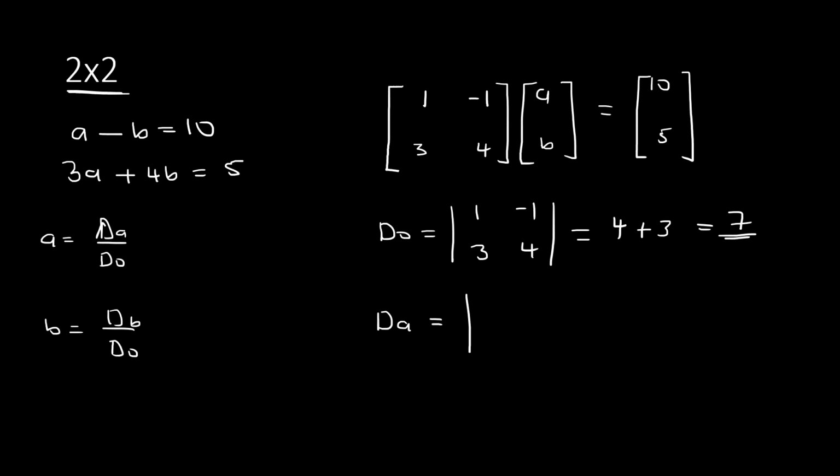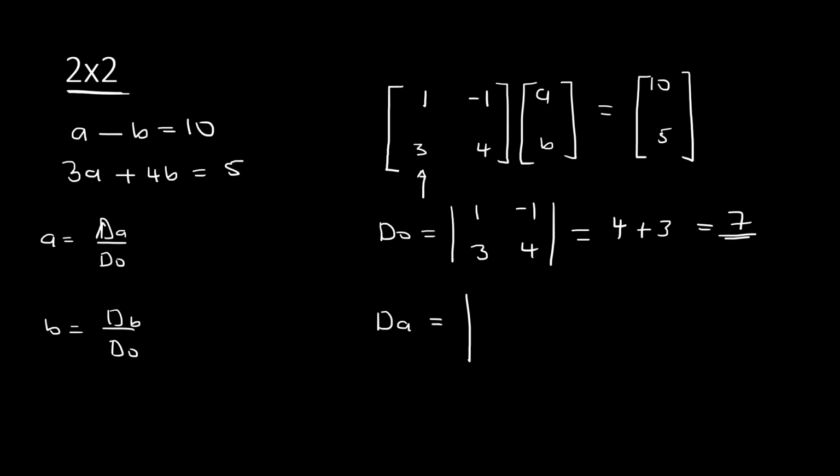Now determinant of a. What must happen? We are replacing a with the answer. So this means determinant of a, remember, we replace the values for a with the answers.